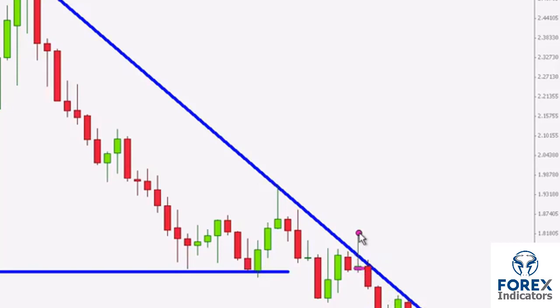So effectively this becomes a fake breakout, and as a general rule of thumb, what you usually see immediately after is a counter move in the opposite direction, just as we saw here.